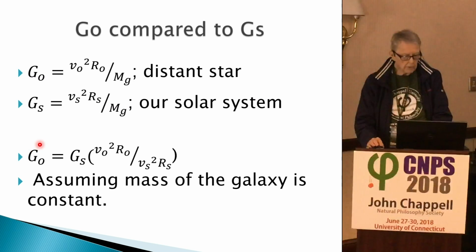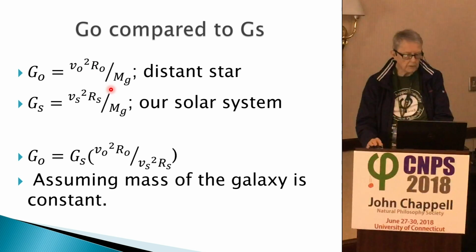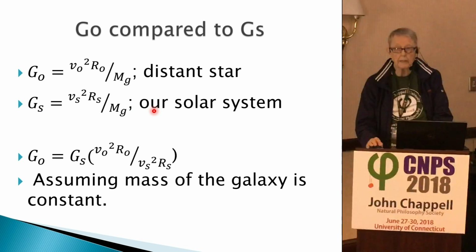So then I took this equation for G and abstracted it to an arbitrary distant star, G sub 0, and just rewrote the equation in terms of its velocity v0, its distance r0, and the mass of the galaxy. And I did the same thing for our solar system. This is for our solar system, and I'm just giving you the nomenclature for it.